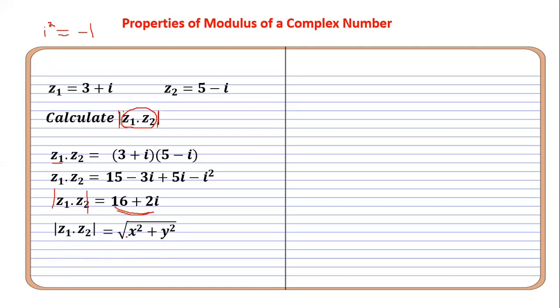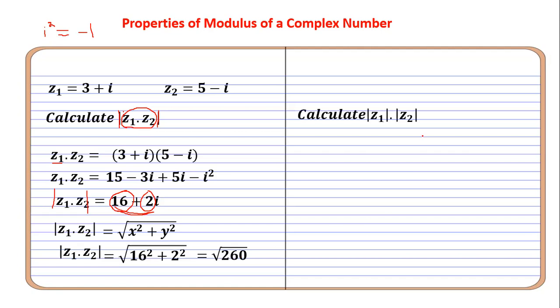You simply apply the formula of the modulus, which is radical x squared plus y squared. x is the real part, while y is the imaginary part. So the modulus of the product of z1 and z2 is equal to radical 260.